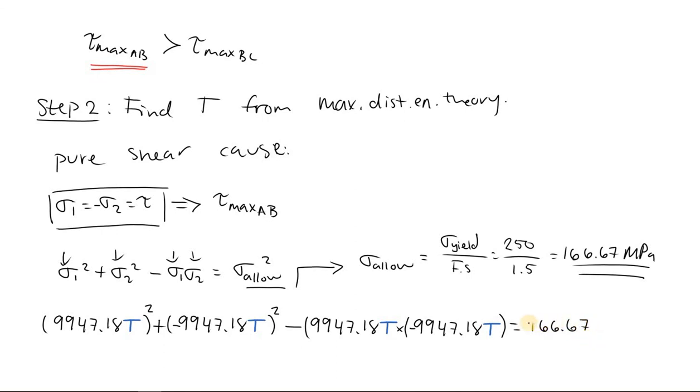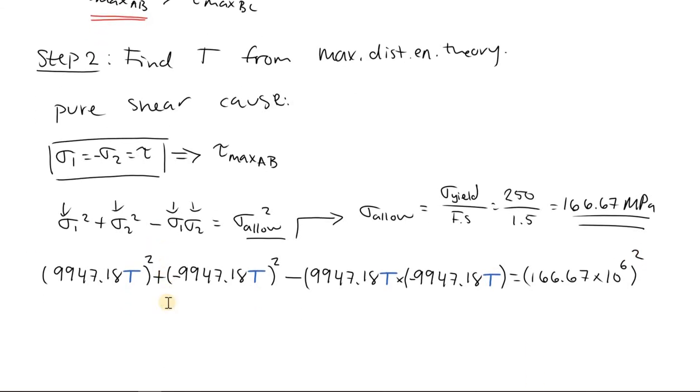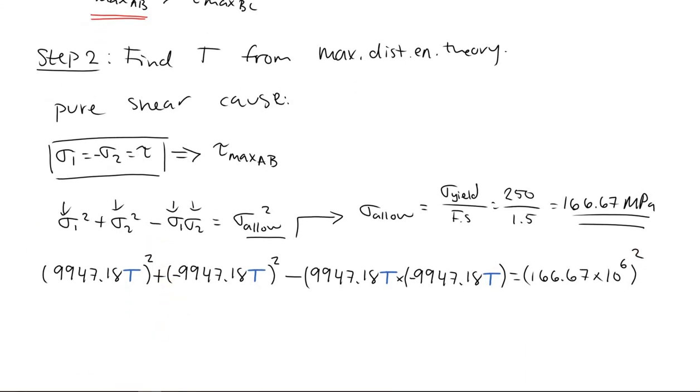166.67. Just remember, this is in megapascals, whilst previously we said this is just in pascals. So it will be 10 to the power of 6 in order to get them all in the same unit, and then squared. We'll rearrange all this and put it in terms of our T, so that way we can solve for our torque.